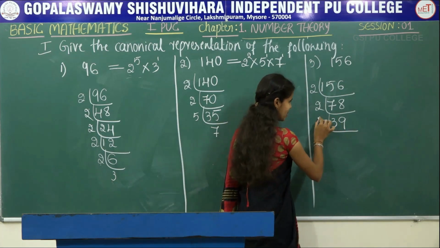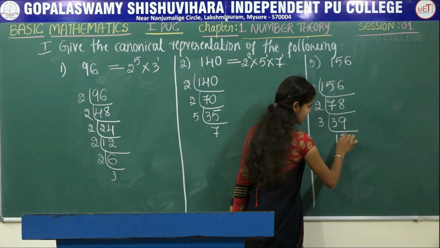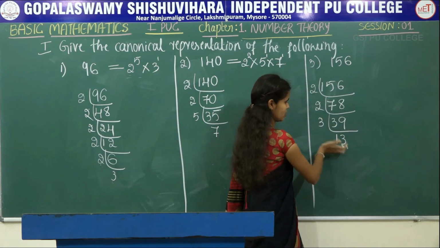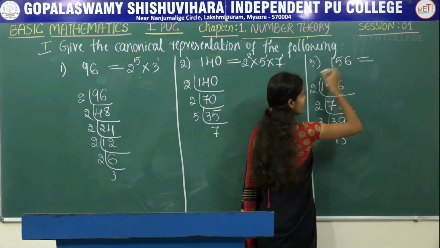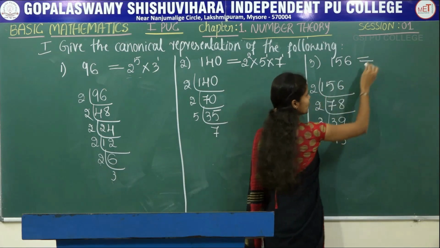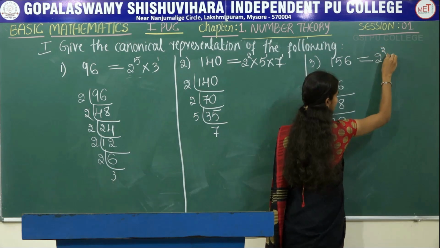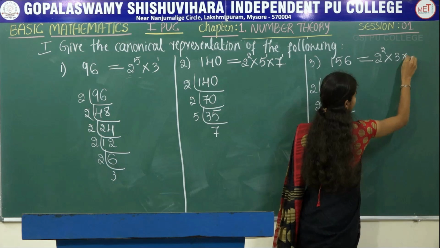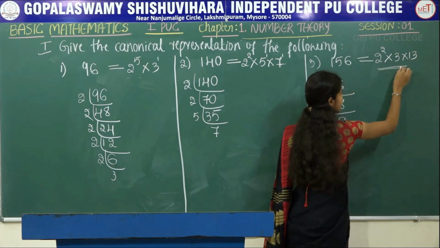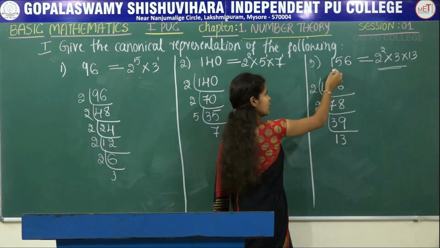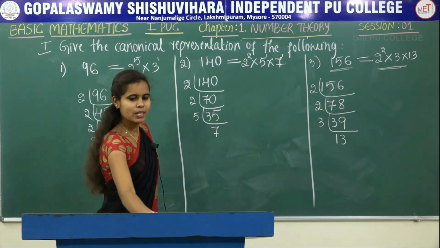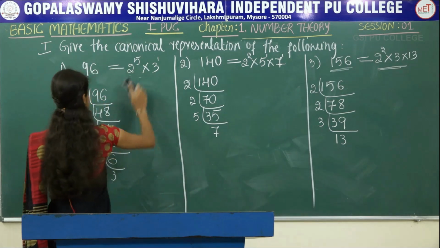Next consider the next prime number 3. 3 times 13 is 39. 13 is a prime number, so stop here. Therefore 156 can be written as 2 into 2, so 2 square into 3 into 13. This is the canonical representation of 156. Okay, next problem.